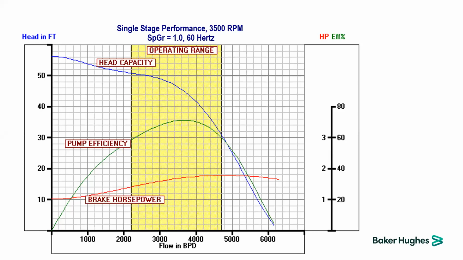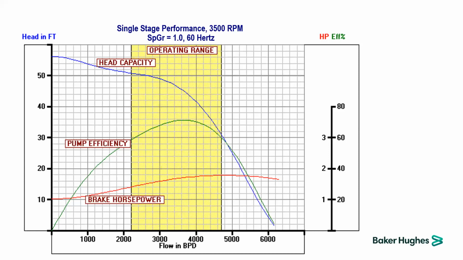Okay, if you need to operate that ESP at less than 2,200, it will be operating in severe down thrust. If you need to operate the ESP above 4,700 barrels, that means your ESP is running in the up thrust operating condition.